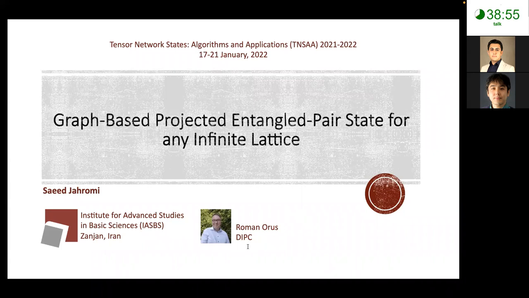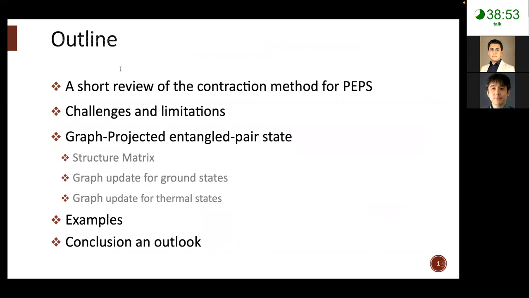So the outline of the talk is as follows. I'm going first to talk a little bit about the contraction schemes that are common for contracting an infinite PEPS tensor network.